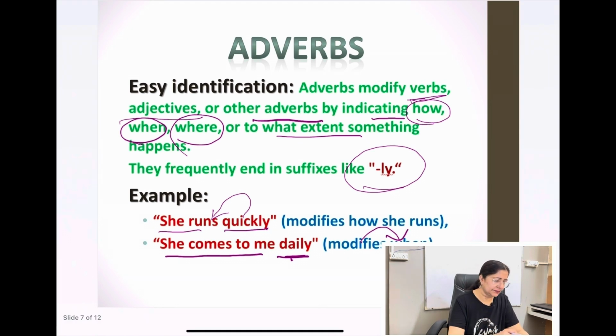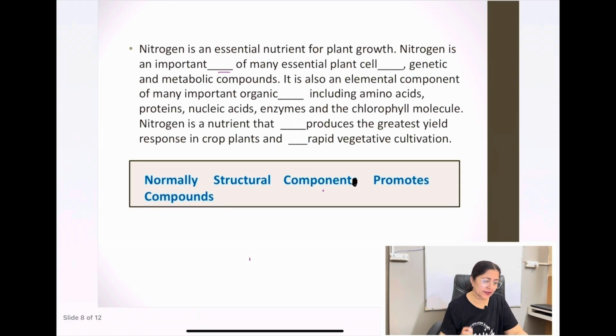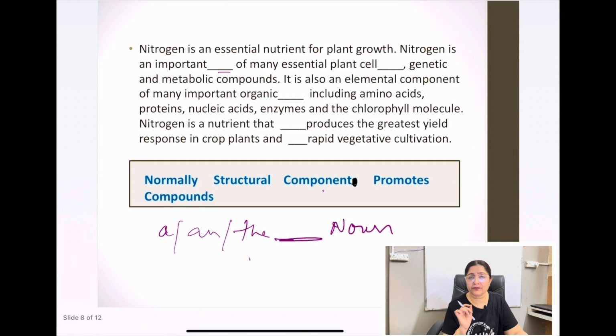Now, nitrogen is an essential nutrient for plant growth. Nitrogen is an important dash of many essential plant cell dash genetic and metabolic compounds. Okay. Let's see one by one what could be there in the fill-ups. So I told you, whenever there is an article a or the, there will be a noun afterward, and if in between any fill-up is there, there would be an adjective.